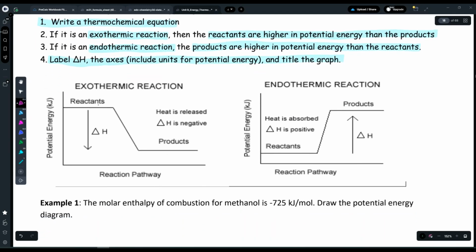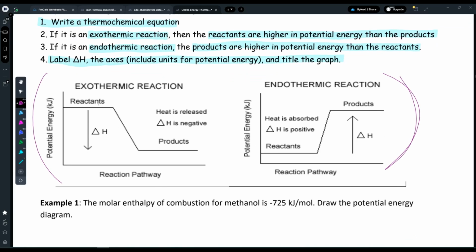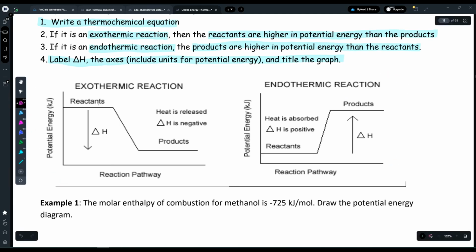So down below here are some oversimplified drawings of potential energy diagrams, and the main point of them is to get across that for exothermic reactions, the reactants are higher than the products in terms of potential energy, and your delta H, or your change in enthalpy, is going to be negative. The reason why change in enthalpy is negative is because for exothermic reactions, heat is exiting the system, so heat is being released.